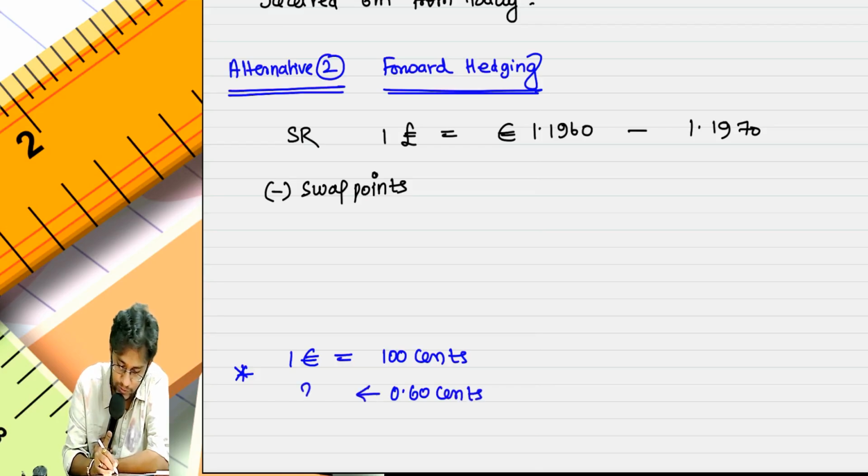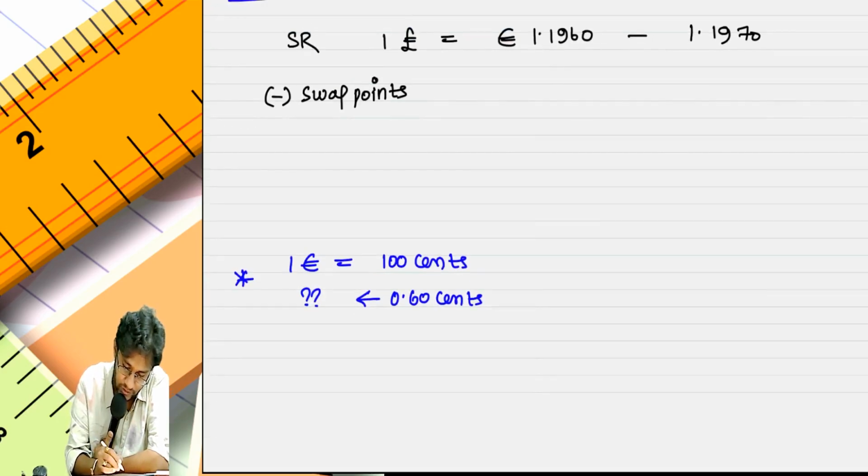is how many rupees? Sorry, how many euros? 0.0060.